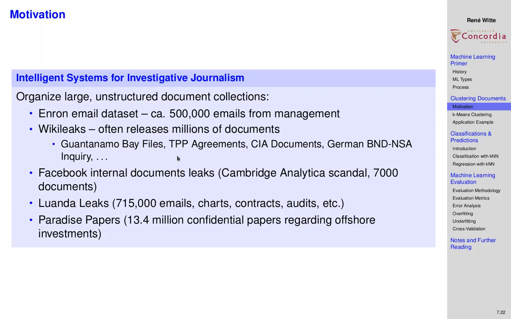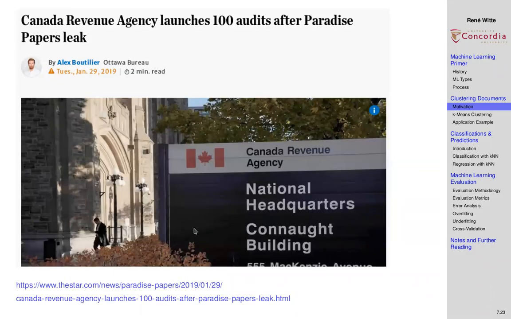You need to have some kind of tool support, some kind of intelligence system, some AI support to make sense of all of this. More recently, the Cambridge Analytica scandal with Facebook, and one that comes up from time to time, the Paradise Papers regarding offshore investments. So you sometimes read in the news about audits of individuals or companies that try to do tax evasion.